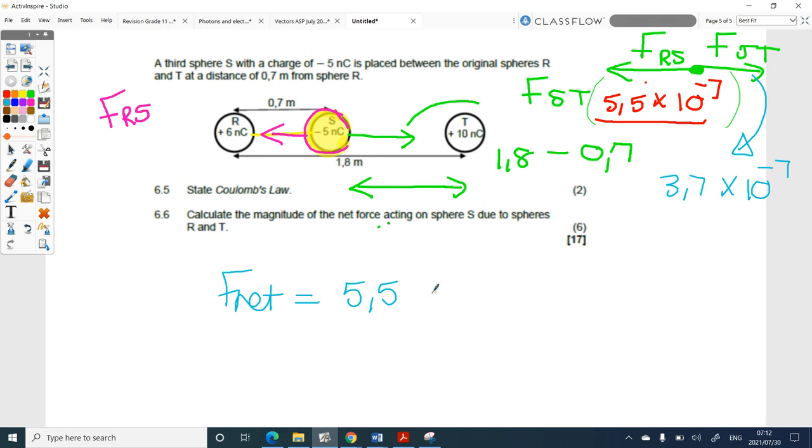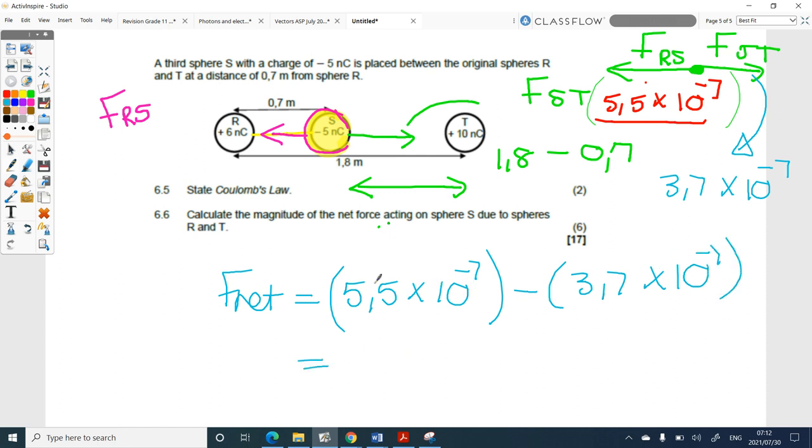Yeah, you're right. So the 5.5 times 10 to the minus 7 is winning, because it's bigger. You just look which one is the bigger one. And then we're going to minus the losing force, which is the 3.7 times 10 to the minus 7. So winning force minus losing force, and then you get your answer.